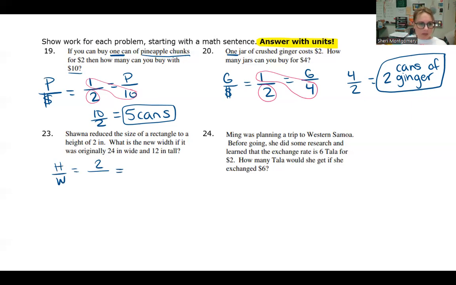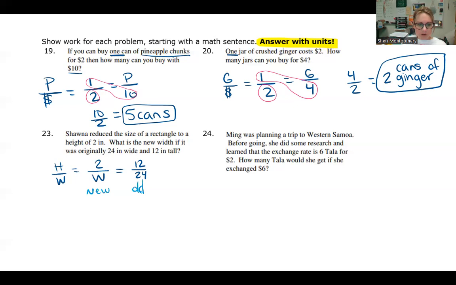Okay, so we need to probably also specify, this is the new, and this will be the old. New width, we don't know it. If it was originally 24 inches wide, so wide needs to have 24, and then tall needs to have 12.